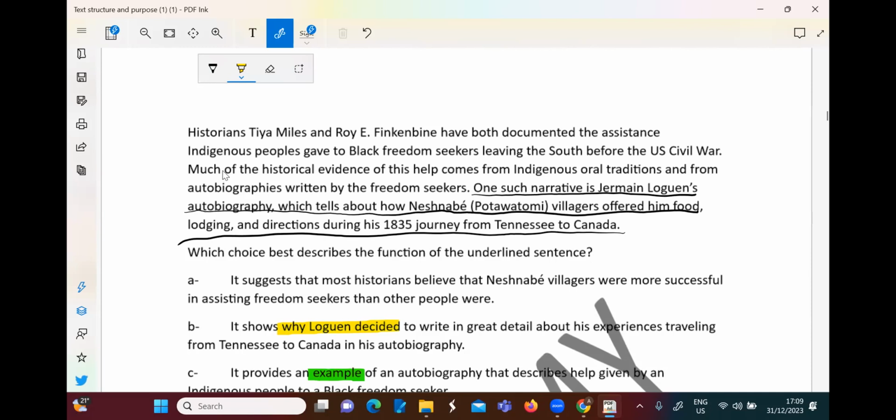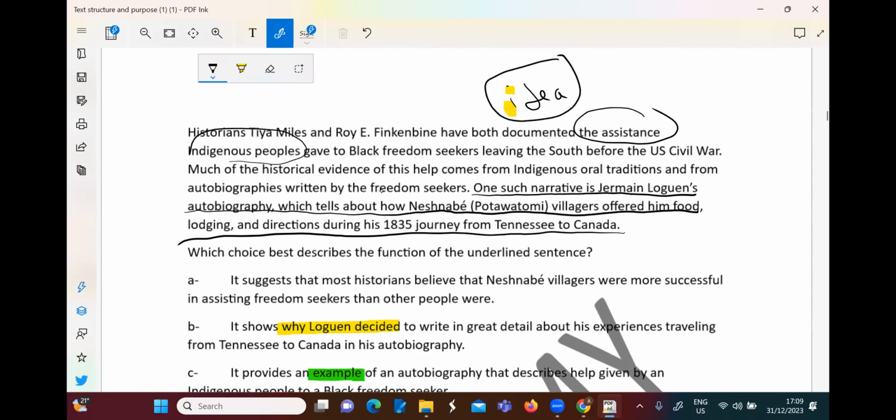Much of the historical evidence of this help comes from indigenous oral traditions and from autobiographies written by freedom seekers. So this is the idea: the assistance of indigenous people to Black people.